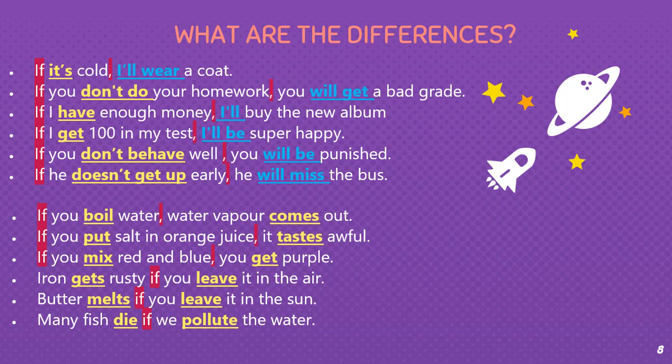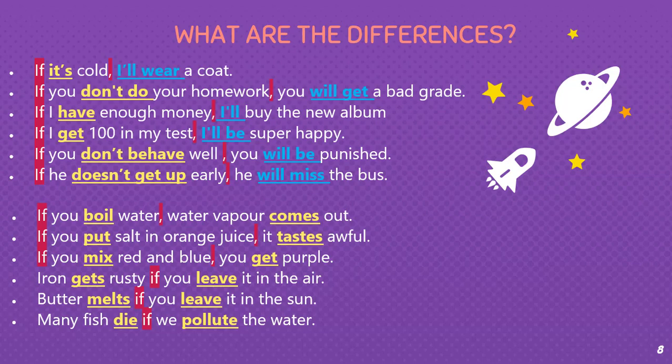Now, let's look at the second group of sentences. What are the differences? Yes, you're right. The first three sentences start with if conjunction, with a comma to separate between the two parts of the sentences. As for the next three sentences, we can find that the if conjunction came in the middle, and in that case, we omitted the comma.